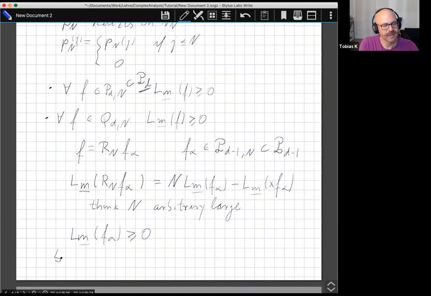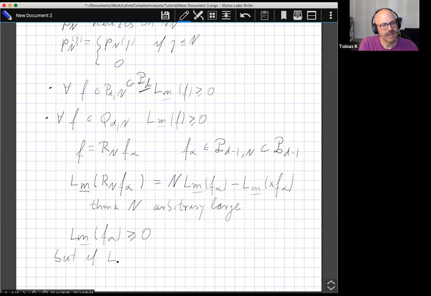But if Lm of f alpha is equal to 0, then no n helps us, we need that Lm of x f alpha is equal to 0.